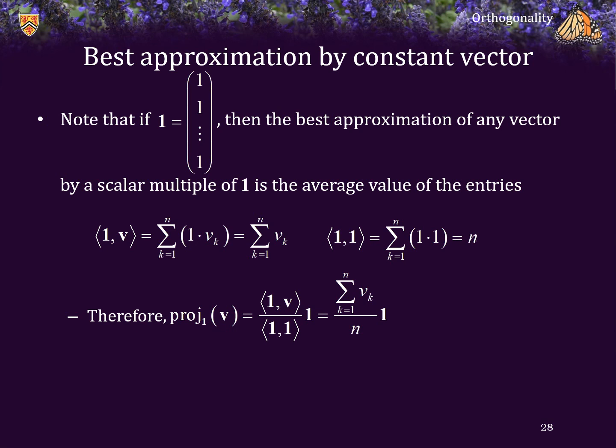Now, notice that all vectors that are orthogonal to the one vector are all those vectors, the sum of the entries of which is equal to 0. That is, all vectors that have an average value of 0. Now, return back to the previous question of the sine function.